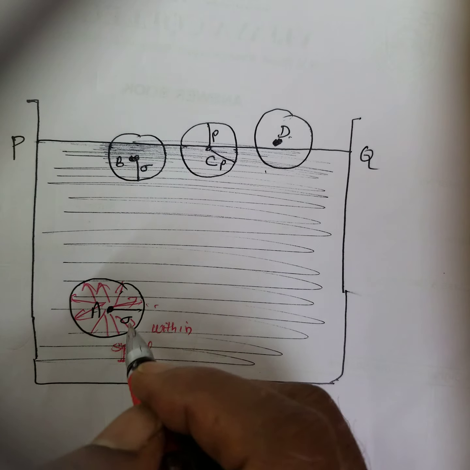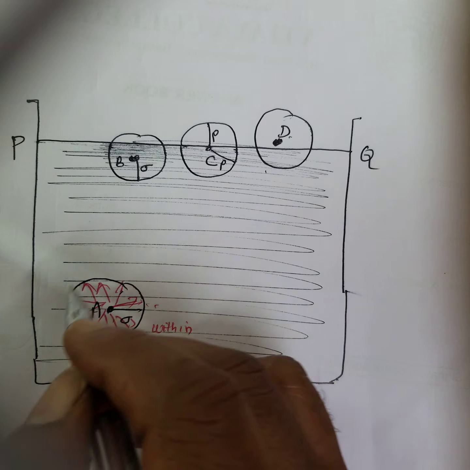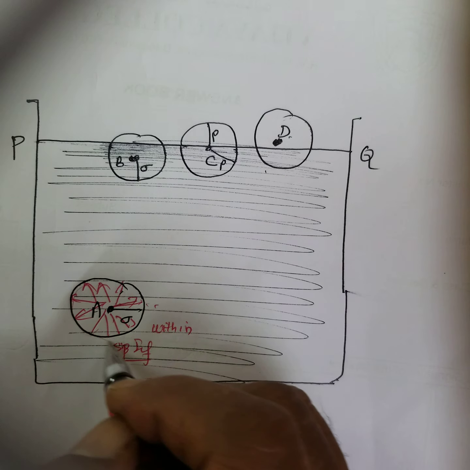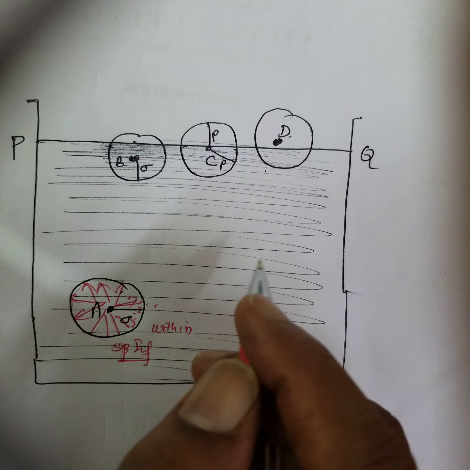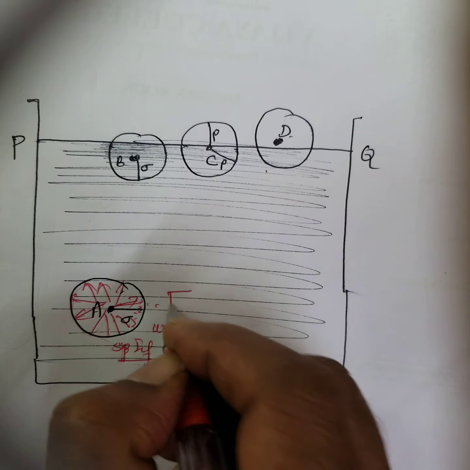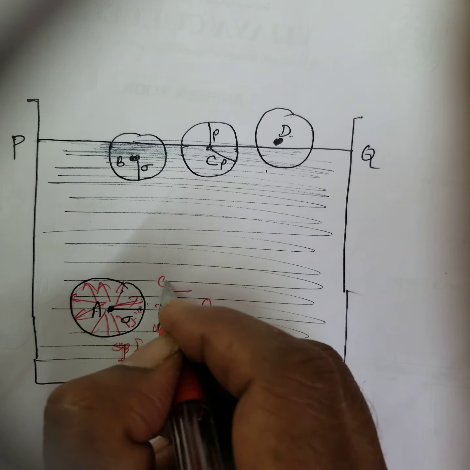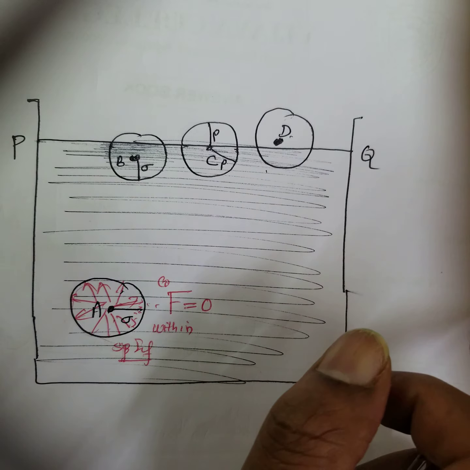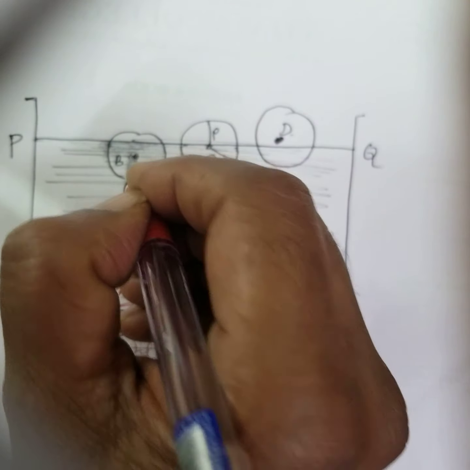Since A lies within the liquid, it is equally attracted in all directions by all other molecules lying within the sphere of influence. So there is no resultant force. Resultant cohesive force is equal to 0. Now consider the molecule B.